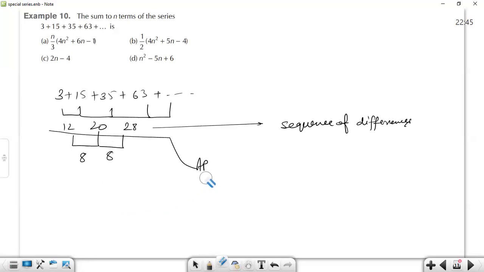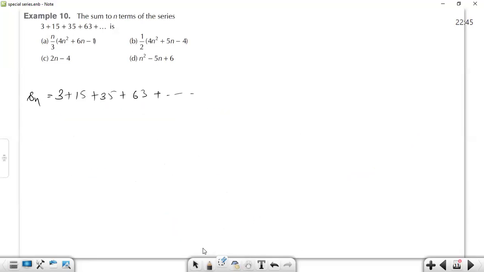Yes, sir. So in that scenario, we'll consider this as S of n and subtract the same sequence once again, minus S of n, but this time we'll write 3 under the next term, plus 15 plus 35 plus 63, and so on. Let's assume there's a last term and a second last term.